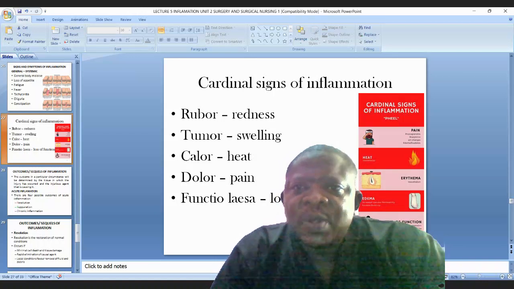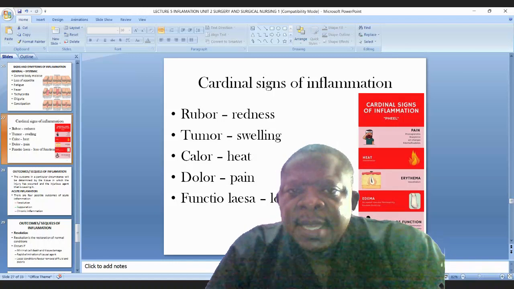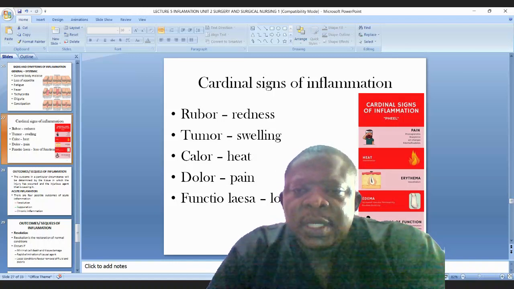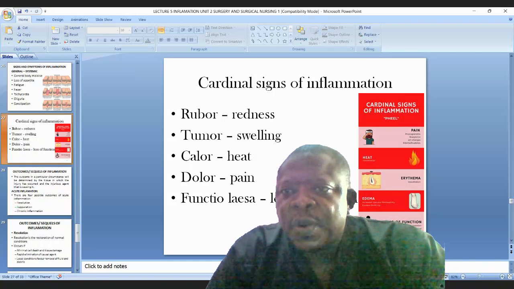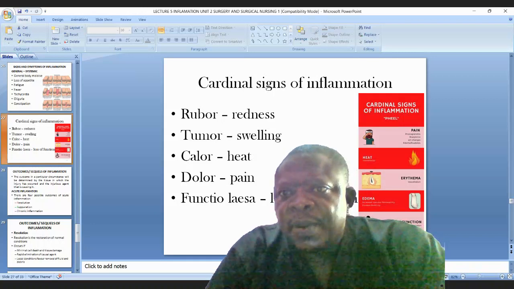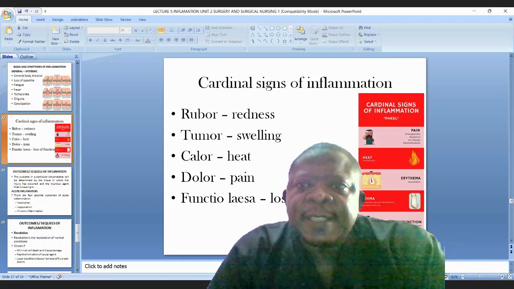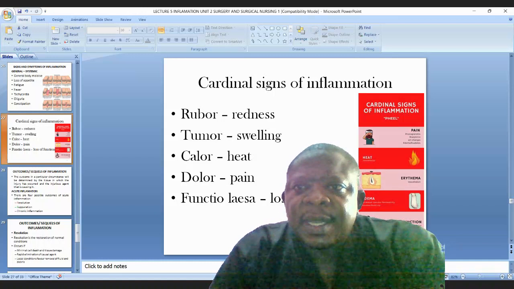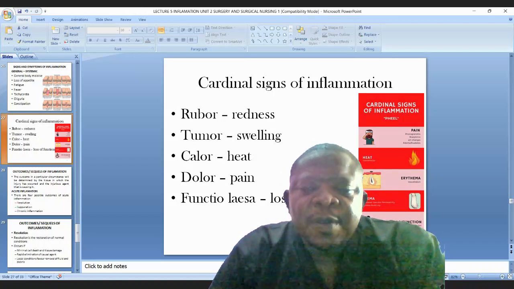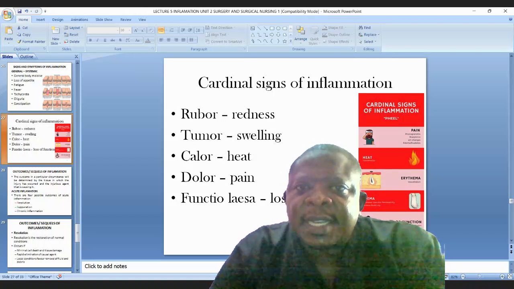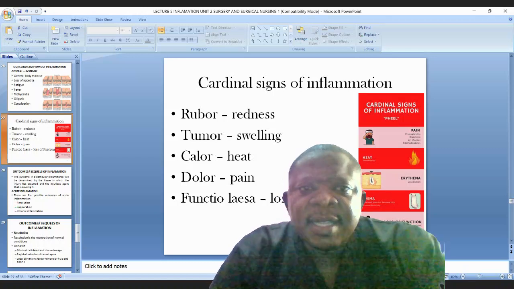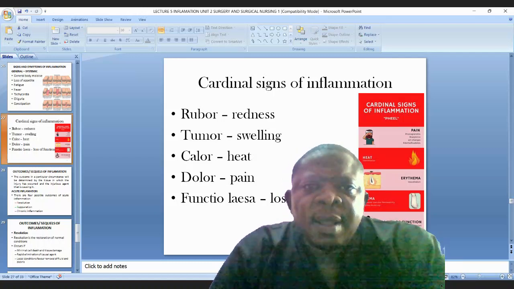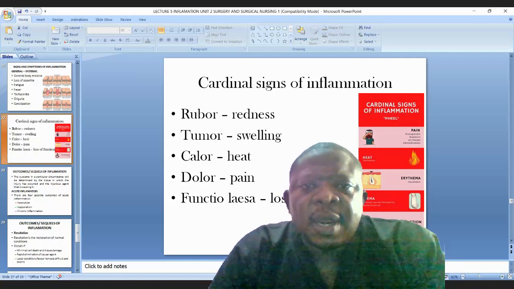Of course, in the mnemonic, apart from having swelling, it is for edema. So we have erythema. Erythema is due to the vasodilatation that happens when one has got a swelling. So there's pain, there's erythema, there's edema, then there's a loss of function.